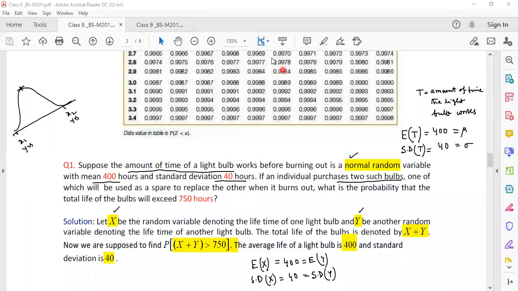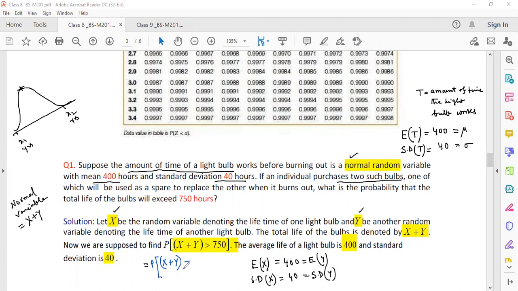At this point, if you have seen my video, you know that my normal variable to be considered is capital X plus Y. If I want to find this probability, then immediately I need to bring the standard normal variable, capital Z, on the left hand side.